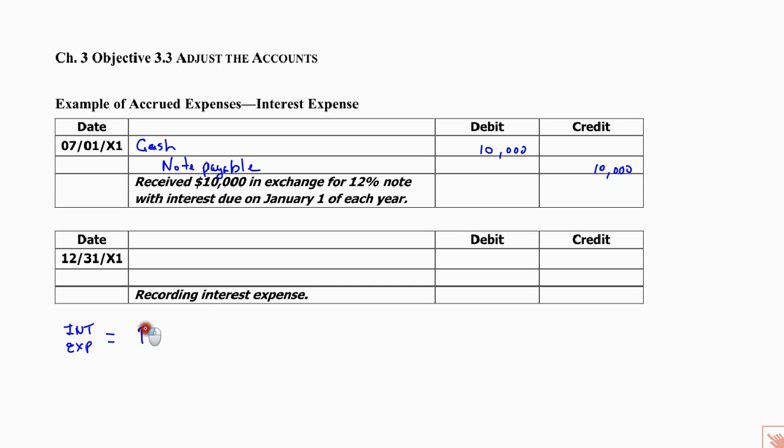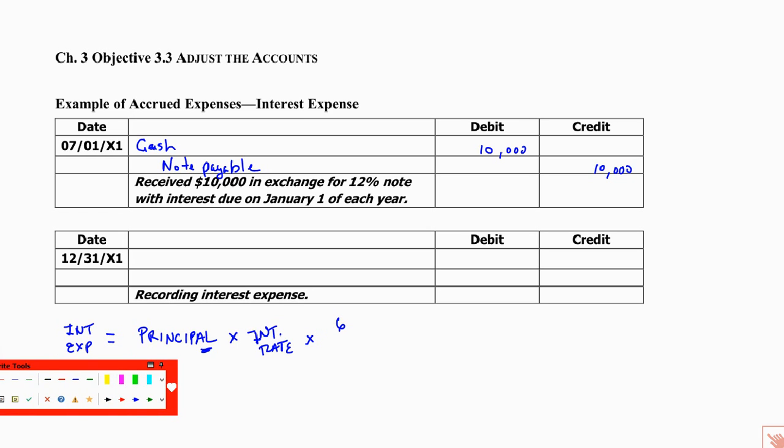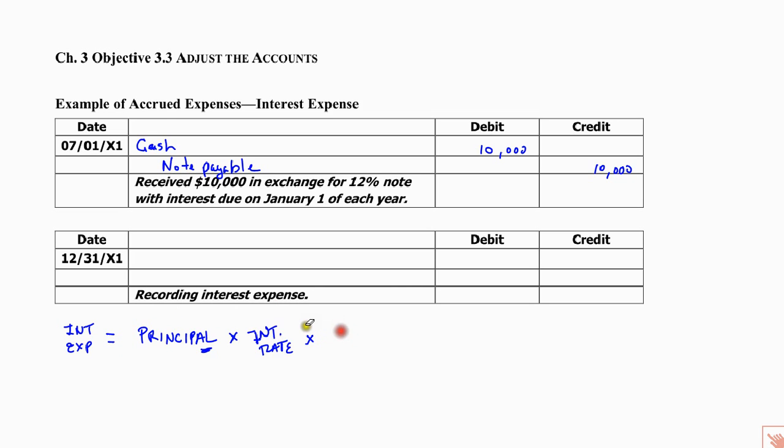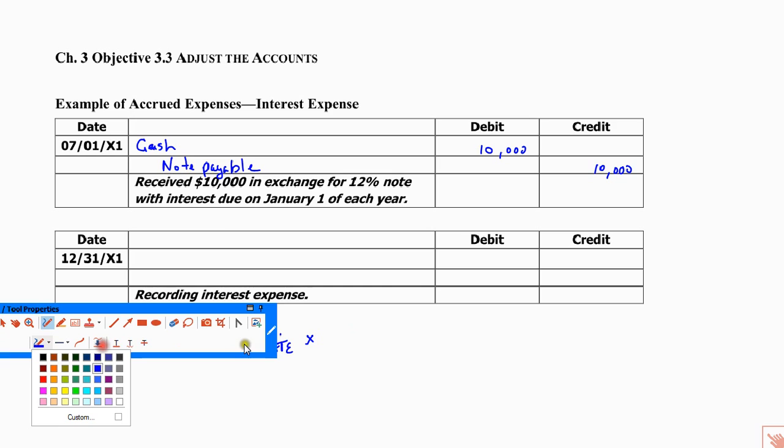So you start with, in general, principal times the interest rate, times the number of months accrued over 12. This one is July 1st, so it's 6 out of 12 months.